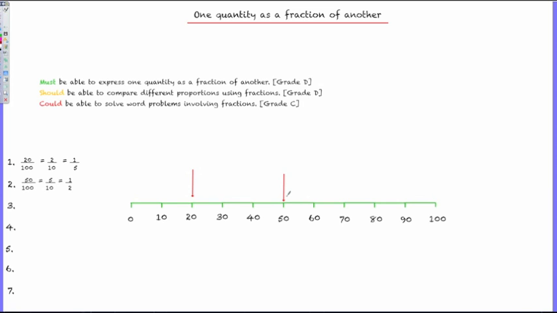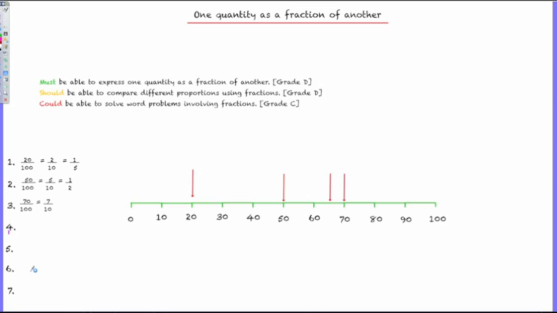So we get 50 over 100, which cancels down to a half. The next one, so that's 70 over 100, which cancels down to 7 over 10.